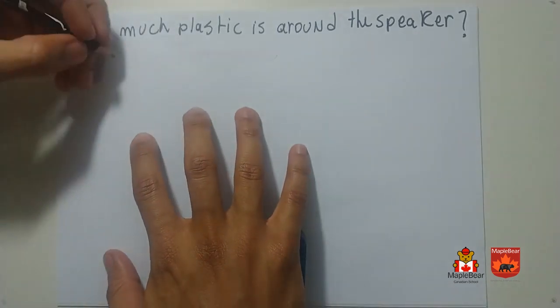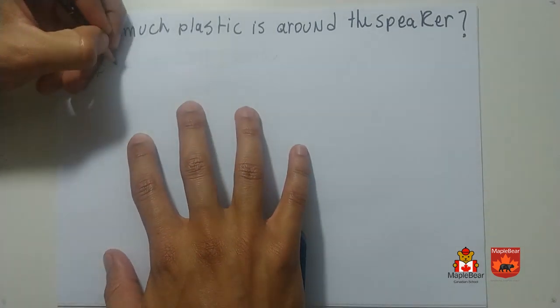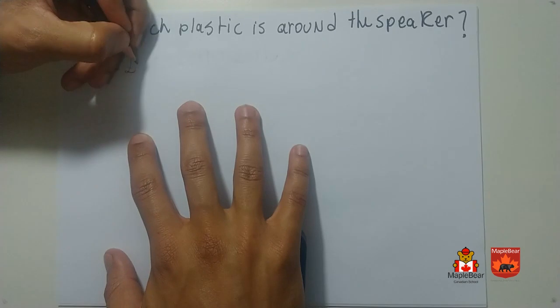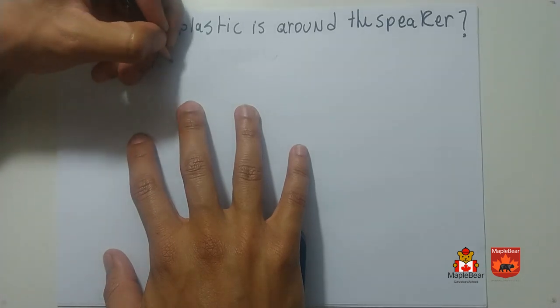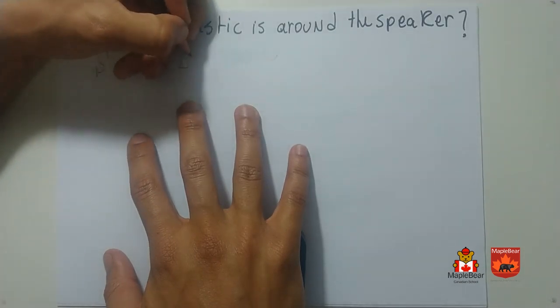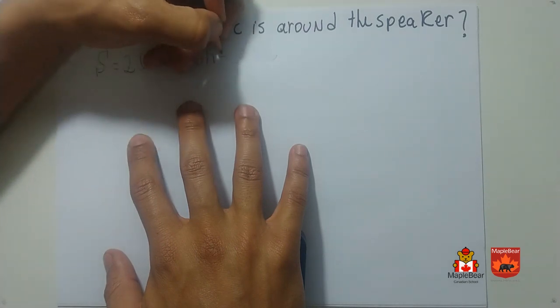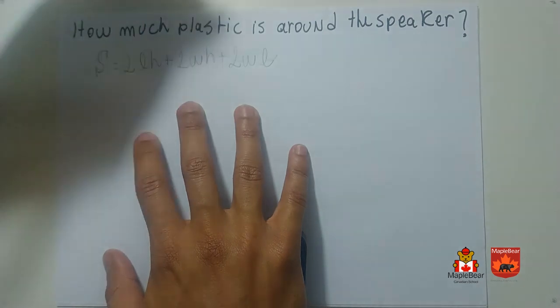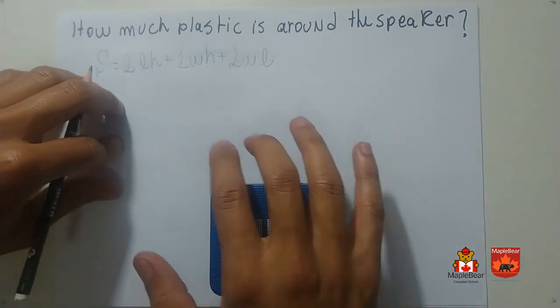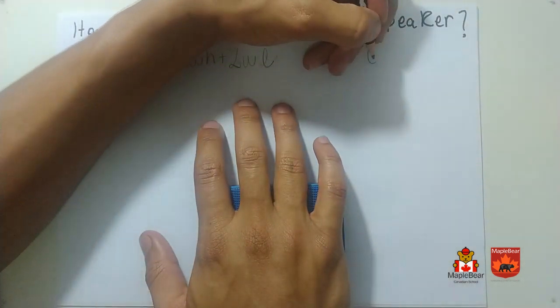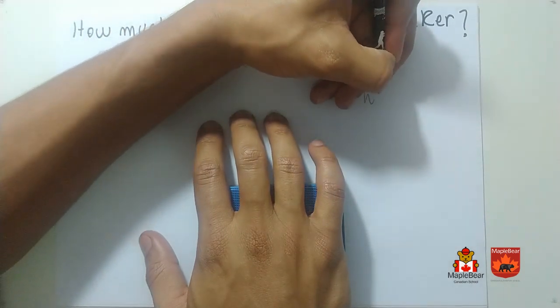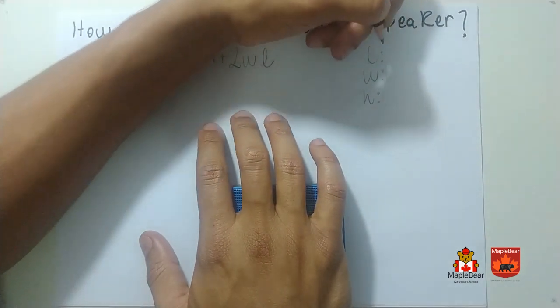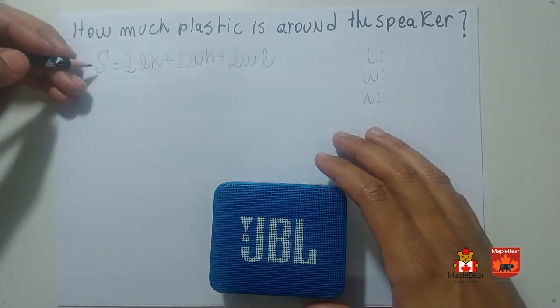I know that my surface area will be equal to 2 times length times height plus 2 times width times height plus 2 times width times length. Nice. Now the only thing I need to know is my length, my width, and my height, and this will work as a formula for us.